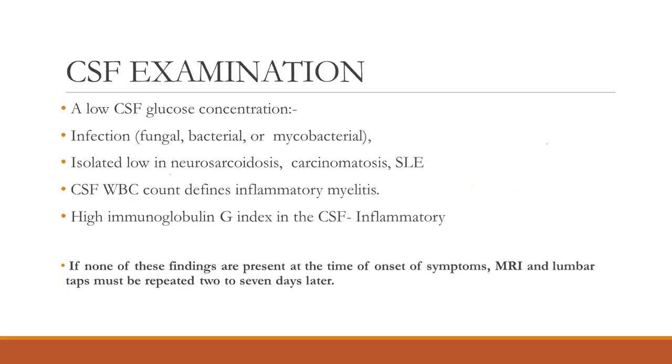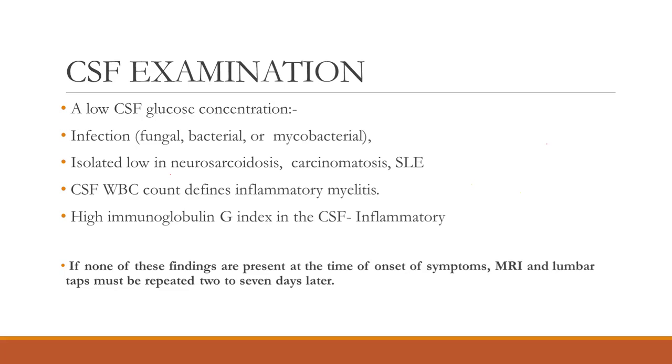Coming to CSF examination. Along with associated pleocytosis, we may see low CSF glucose concentration, usually in fungal, bacterial or mycobacterial involvement. Sometimes it is seen as low in neurosarcoidosis also, carcinomatous meningitis and SLE. The CSF WBC count, as I said, suggests inflammatory myelitis.